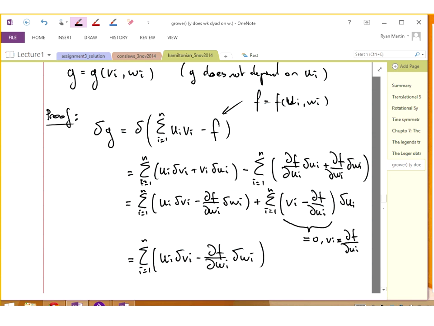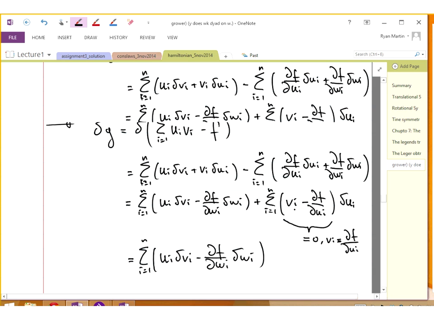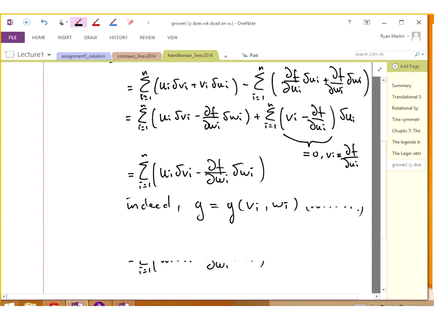And so you see here that delta G doesn't have any delta u's in it. So when you change the u's, G doesn't change. So indeed, G is now a function of the vi's and the wi's, not the ui's.